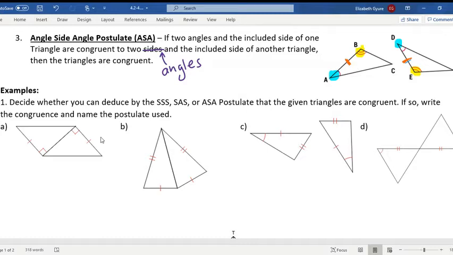If you look at A, what I like to do with these is, first of all, see if there's any additional information that can be labeled. Like, will a shared side be congruent to itself? Absolutely. Vertical angles, maybe if you have parallel lines, there could be some congruent angles, things like that. And then I like to go from there and see, do I have information about sides, angles, how many of each?